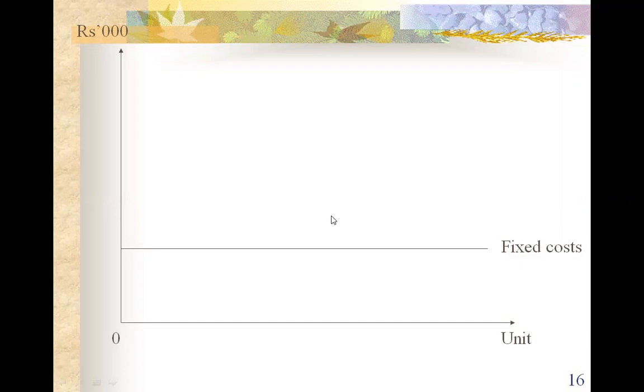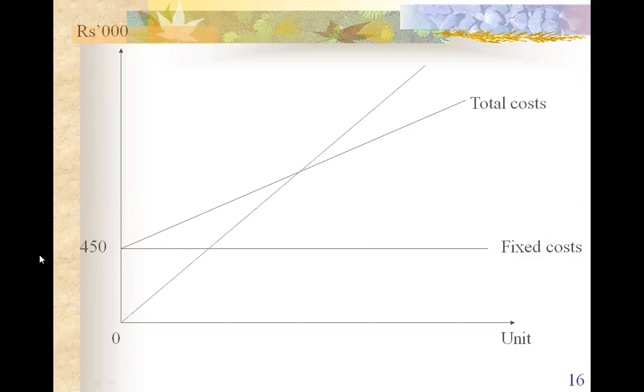Okay, so this line we call it as a fixed cost. And this line, we call it as a variable cost. This is the total cost line, and this is the variable cost line. It changes with the level of production. This line we call it as a variable cost, and the combination of variable cost and the fixed cost we call it as a total cost. This point is the total cost.